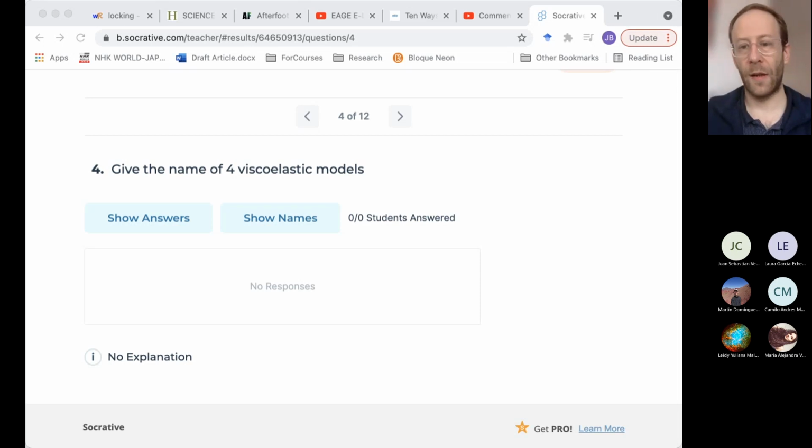So it would be four that you have that are quite well-known models. They basically arrange the viscoelastic parts in different ways, giving a different response in terms of stress and strain.